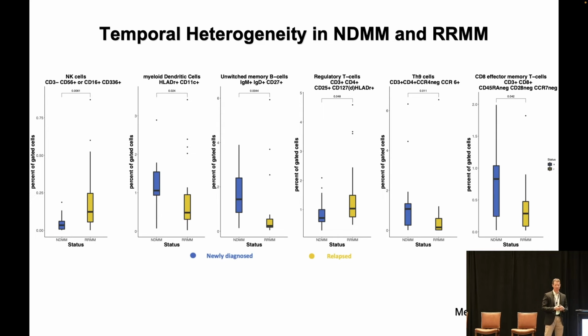So we said, okay, if it's not the myeloma cells, or at least not the myeloma cells alone explaining this heterogeneity and this different growth, we have to look into the microenvironment. And so we looked into the microenvironment in the sense of the immune system, so certain T cells and other cells that I mentioned earlier that we also want to influence in our exercise study, and they were different. And we saw again after therapy, I don't want to say something wrong, right, blue was first diagnosis and yellow was relapse.